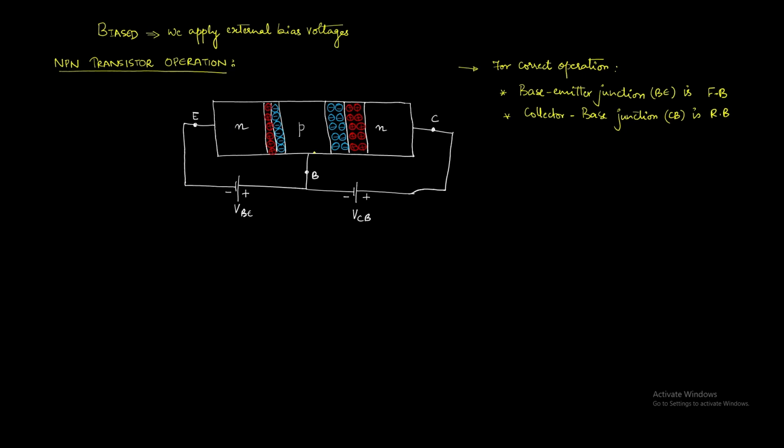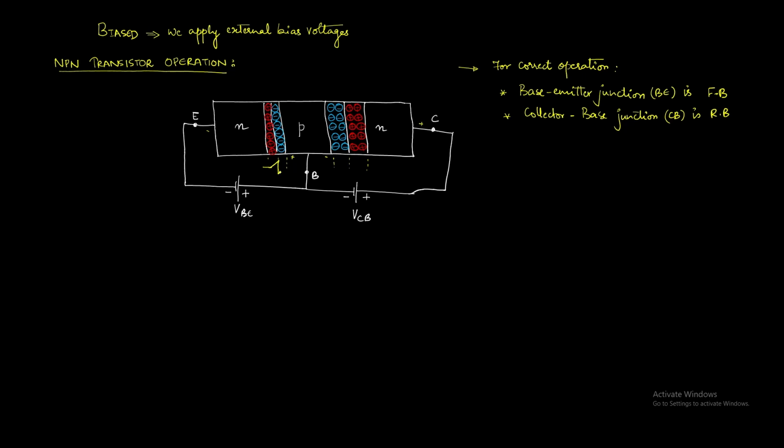What I mean by that is that forward biasing means I will be applying positive to the P and negative to the N. Reverse biasing means I will apply negative to the P and positive to the N. Let me draw the barrier potentials that are set up now.